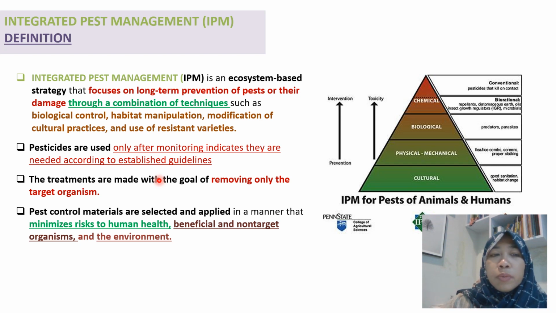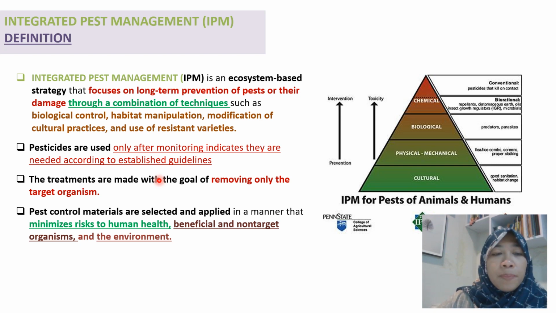If we use pesticide unwisely, or too much, the effect is that not only our target organism will die but also the biological agents will be killed too. So IPM only removes the target organism.